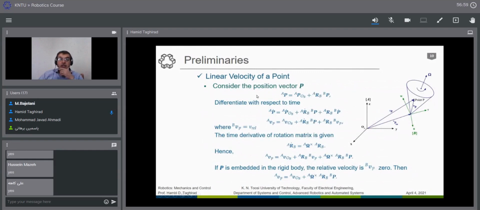We find in the kinematics of a system that if we have the point P, we could find a relative position. We call it P with respect to B, and with the rotation matrix, we bring it into the frame A, and then we should also add this POB with respect to A to find the derivative here.